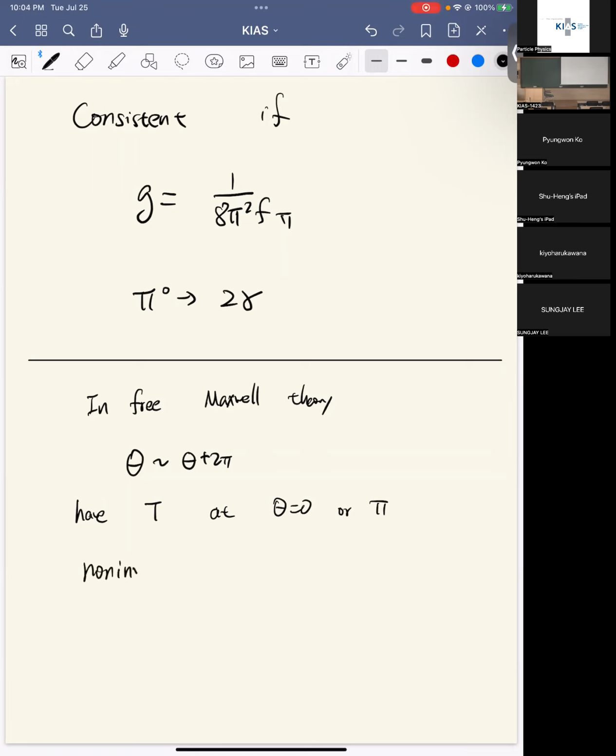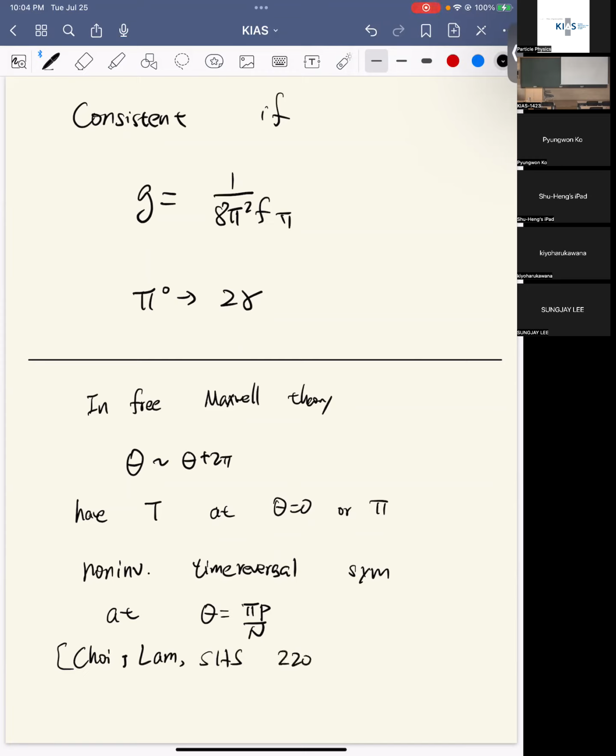There is a non-invertible time reversal symmetry at theta equal to pi p over n for all co-prime pairs of p and n. This is based on a paper that I wrote with Ichiro, Hota, right after our pion paper.